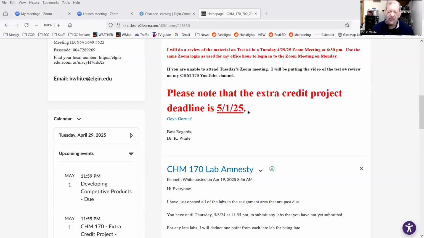Now, one misconception for the project has been that you need 10 different functional groups. No, you can have alcohols or ketones or whatever, any mix, as long as it's an ingredient found on a label.